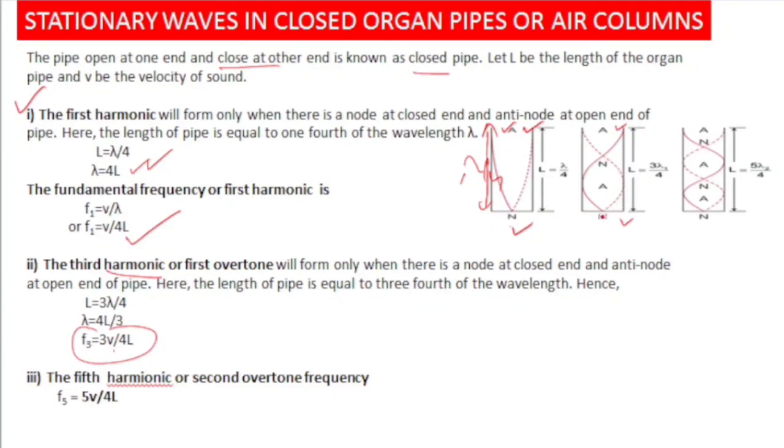Here 2 nodes are formed and 2 antinodes are formed, and the length of the pipe is L. So node to node is lambda by 2, and again node and antinode is lambda by 4. So 3 lambda by 4. This length L is equal to 3 lambda by 4, and F3 is equal to 3V by 4L, or you can say it is 3 times F1, 3 times the fundamental frequency.